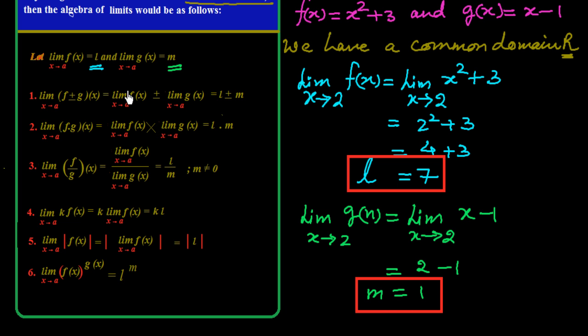Now we verify all of these, the algebra that I have written here. Now we verify the first algebra, which has two parts. So first we are verifying part a.